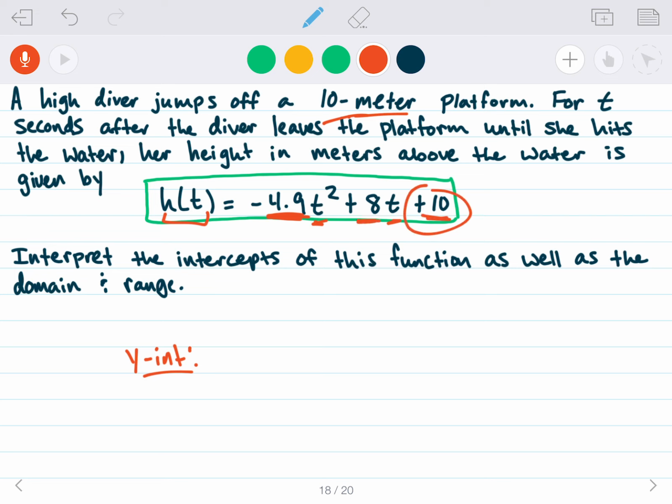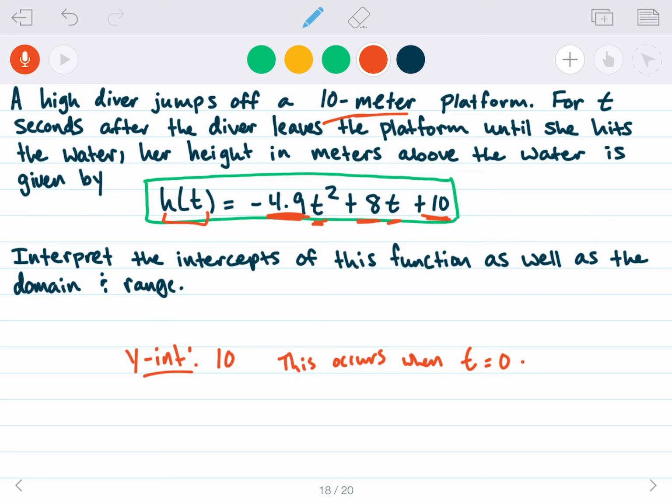And so C, right off the bat, you can see it's 10. So the y-intercept is 10. And in the context of this, the y-intercept occurs when x, or when t in this case, is 0. Okay, so this occurs when t equals 0.